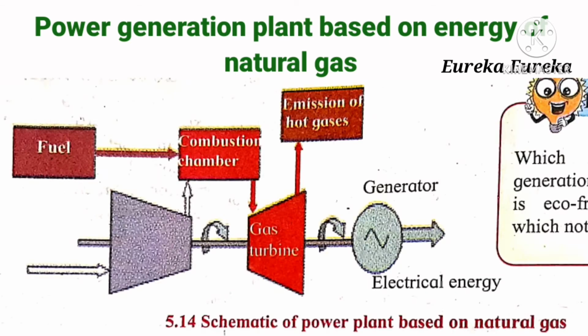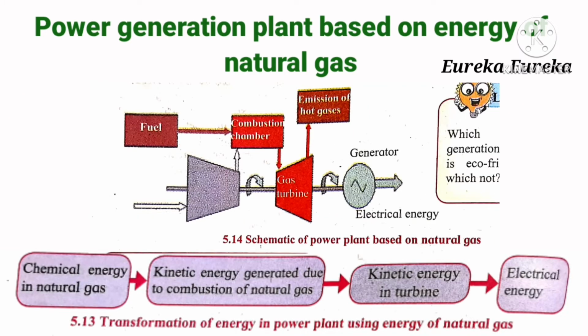This combustion generates a gas at a very high temperature and pressure, and this gas is used to rotate the gas turbine. This gas turbine, which is in turn attached to a generator, generates electricity.